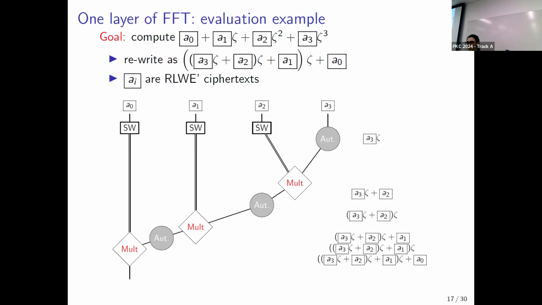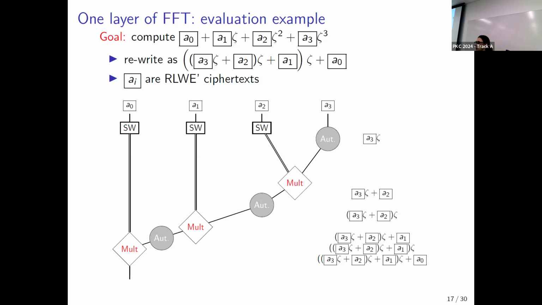So how are we going to do this? Well, we can start with the left side of the formula, or the right side of the slide. We have a_3, which is encrypted. We need to multiply it by something. How do we do this? We use automorphisms. And this gives us a_3 times theta. Now we want to add this to a_2. Again, we have two encrypted values. a_2 is an RLWE ciphertext.